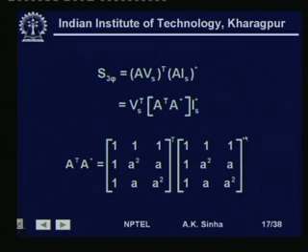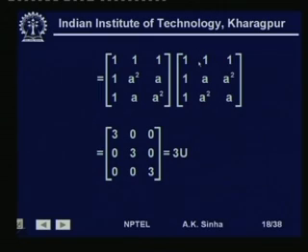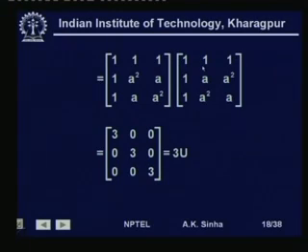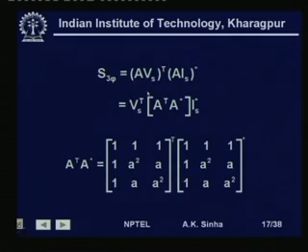So, when we do this conjugate, A becomes A square and A square becomes A. When we do that and then multiply, we will find that this comes out to be a diagonal matrix with 3 in the diagonal terms, or this can be written as 3 multiplied by unity matrix, that is A transpose A conjugate is 3 times unity matrix.